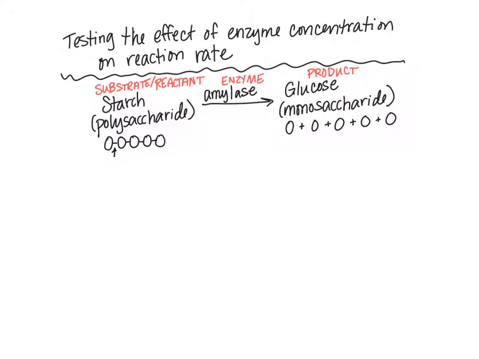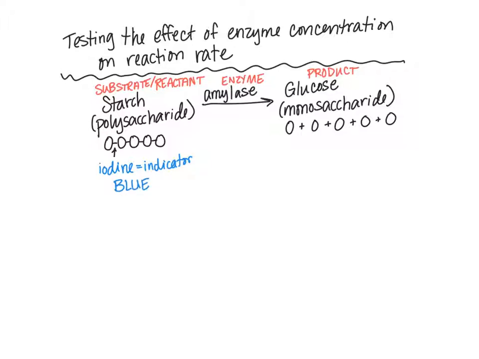Now, in order to have a visual representation of what's happening during this reaction, we're going to use something called iodine. Iodine is an indicator, and when it's mixed with starch, it makes it turn blue.